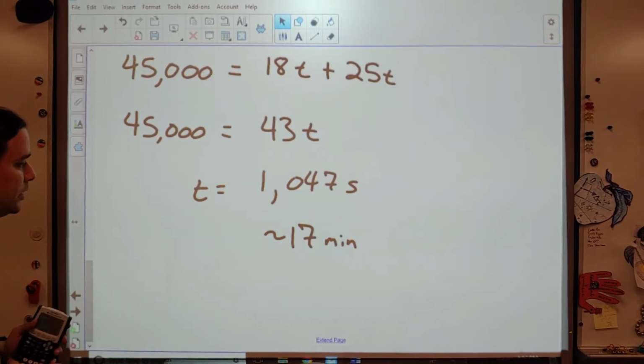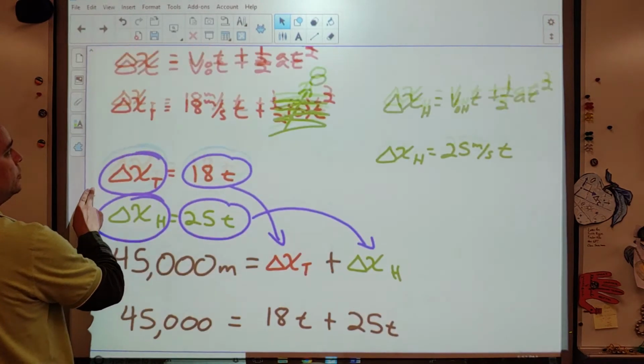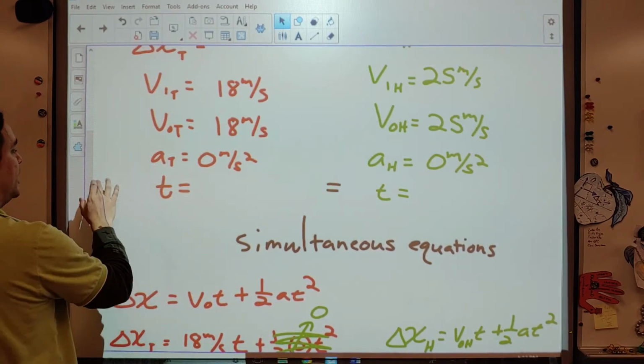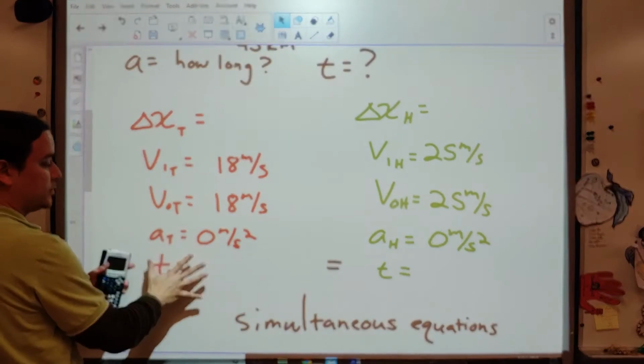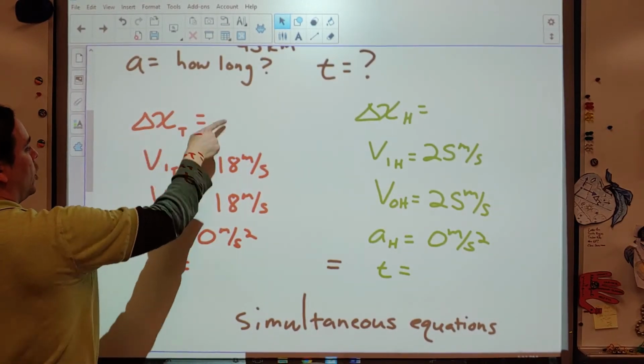Okay, now we've got our time, 1,047 seconds. Here's the thing about simultaneous equations. It's a lot of work to get the first one, but we usually ask you for both. I asked for the time until they hit. We've got that. I also asked how far the thunderstorm went.